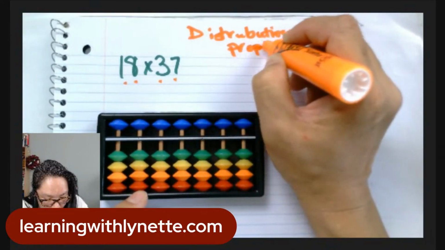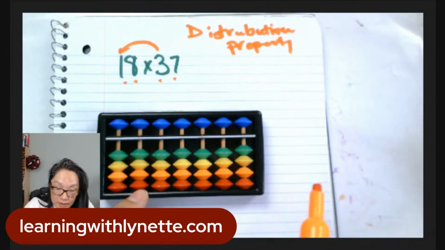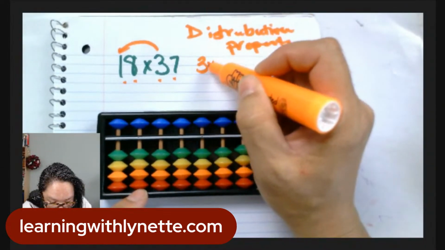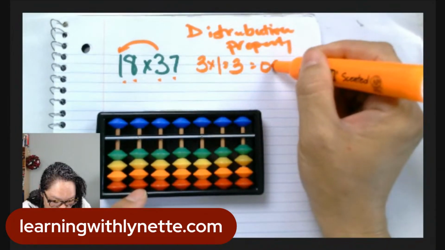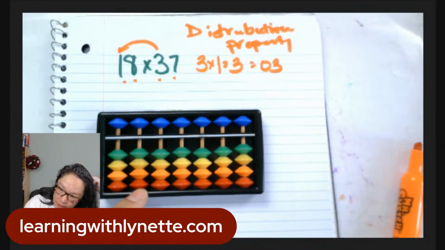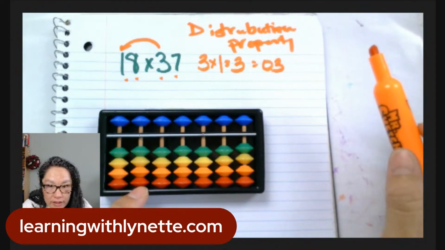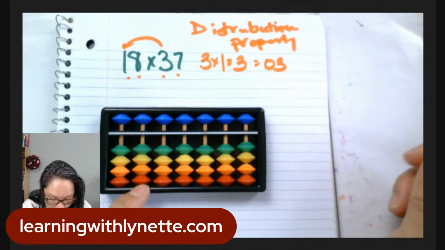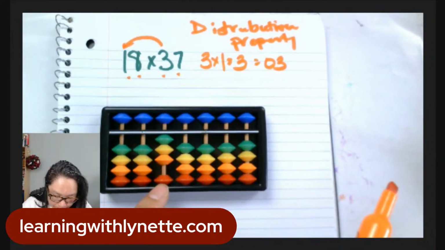The first thing we're going to do is break it up, right? 3 times 1 is equal to 3. Now, if we made this into a double digit, it would look like 03, right? That's not too difficult because we talk about two-digit math, two-digit date, two-digit time. So I'm going to add the 3.